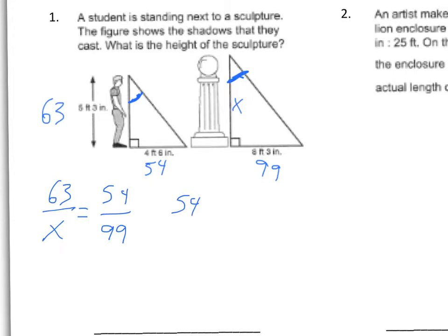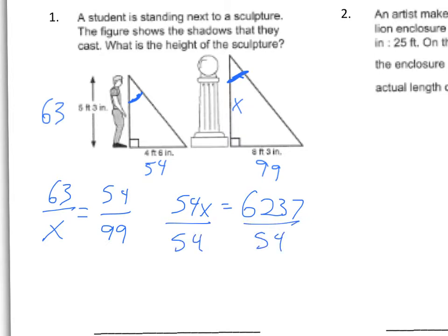54x set equal to 99 times 63, which I didn't do on my paper, so I'm going to figure that out right now. 99 times 63, you get 6,237. We'll divide that by 54.